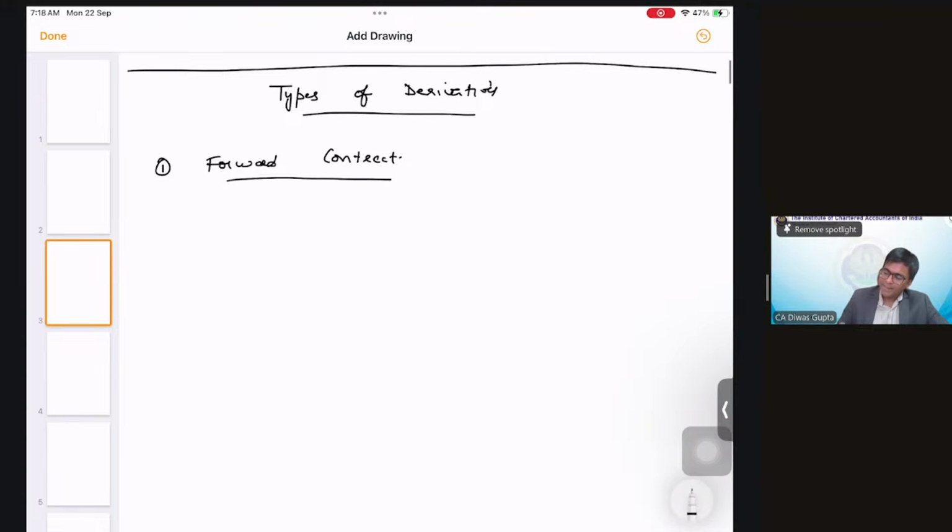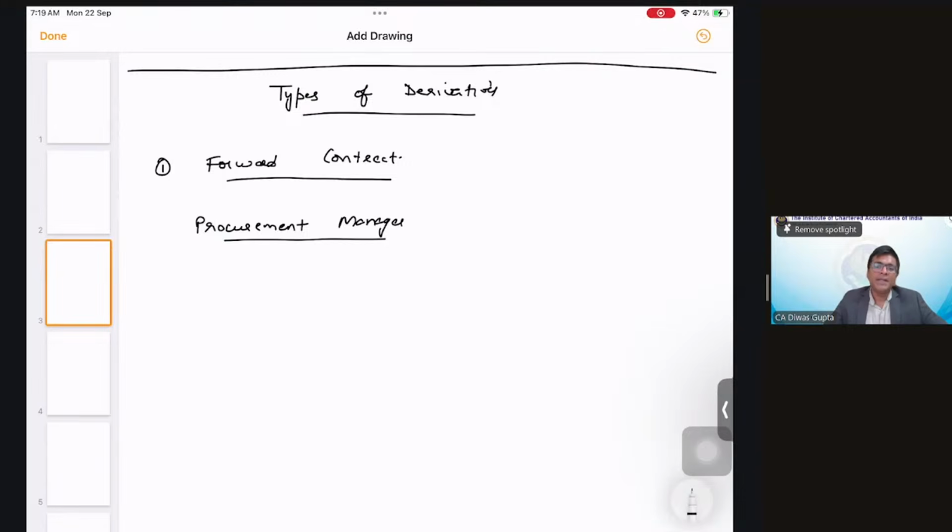Again, let's take an example here. Let's say there is a company, and in that company there is a procurement manager. The function of a procurement manager is what? To procure the raw materials, packing materials, consumables, all those things, right?